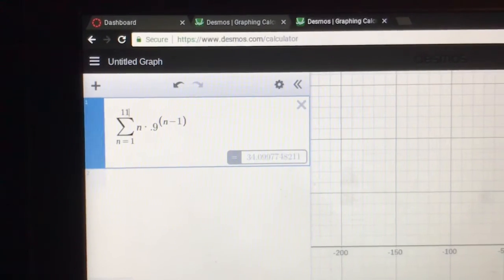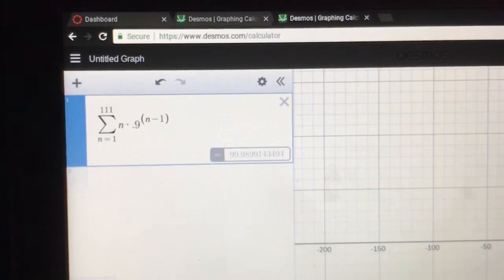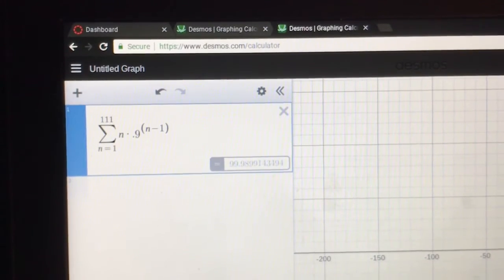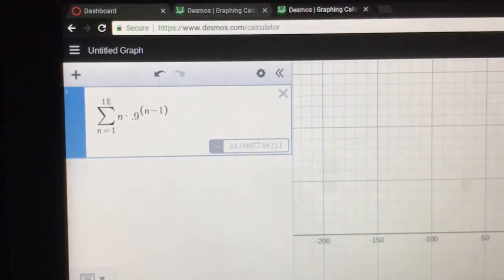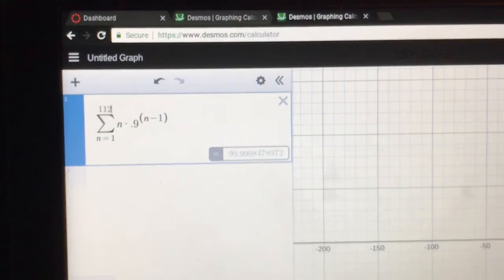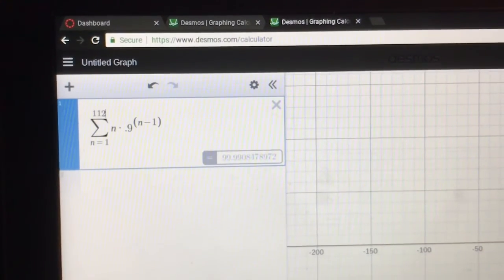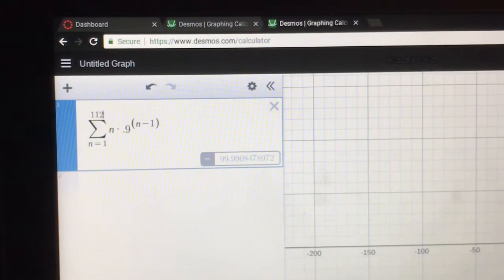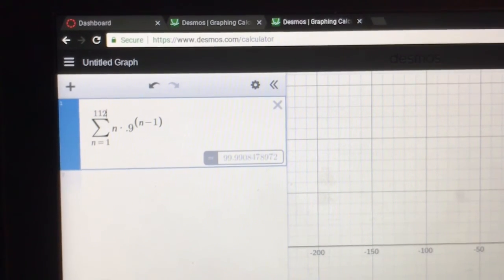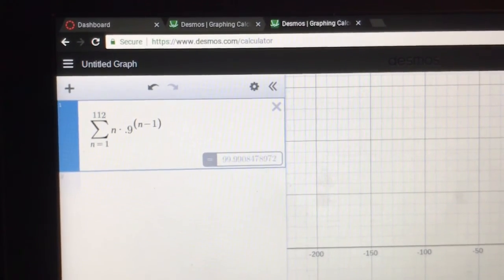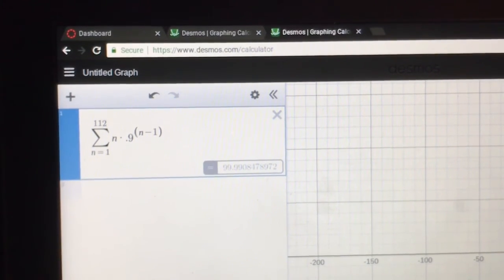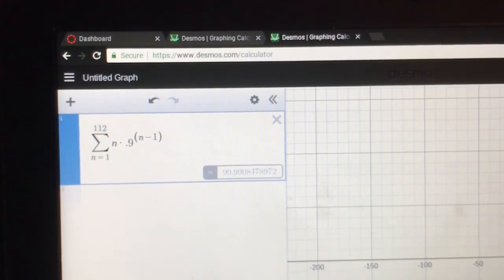So let's just go up another one. 111 gets us to 99.899, and 112 gets us to 99.9908. So this is the smallest value of n that gives us less than 0.01.